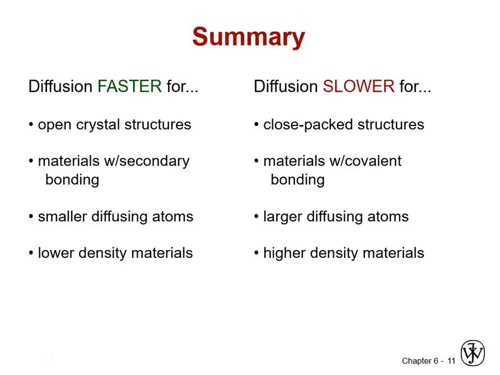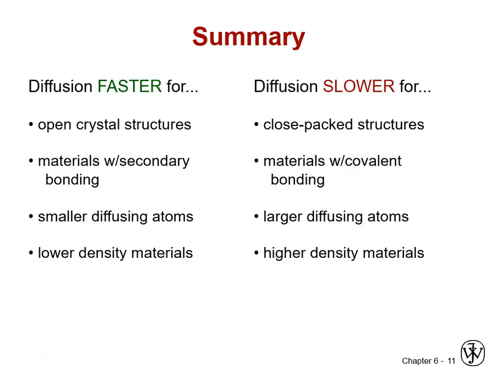Smaller diffusing atoms are faster generally because they tend to have interstitial diffusion available under a wider range of circumstances. If it's substitutional diffusion, smaller doesn't necessarily mean faster. But smaller diffusing atoms will generally mean that it's more likely you have an interstitial path open to you, and those are, of course, as we saw, several orders of magnitude faster.